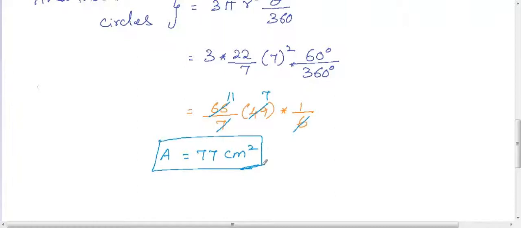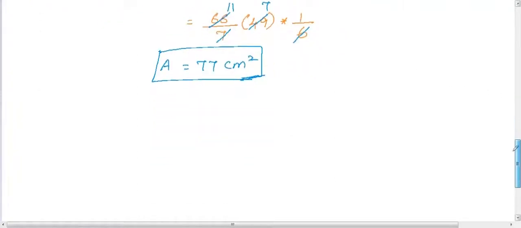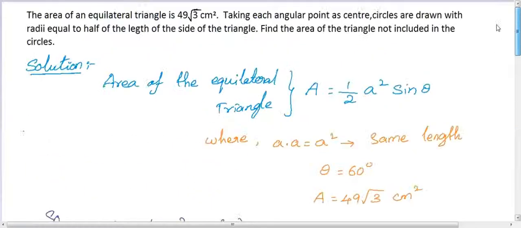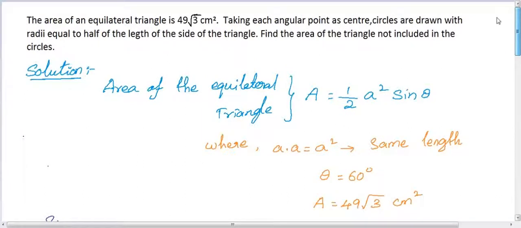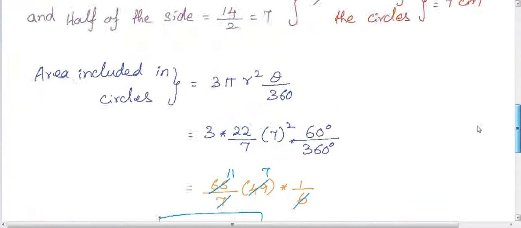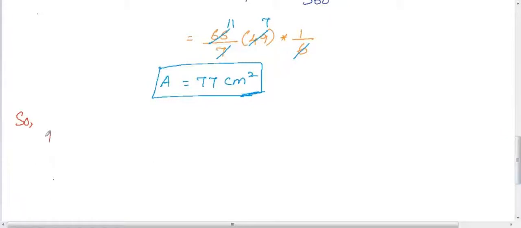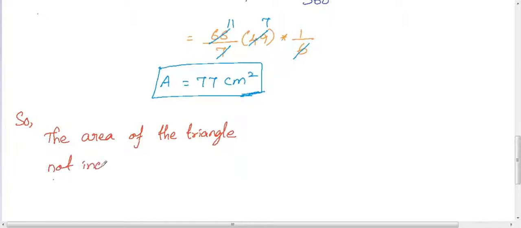Now finally find the area of the triangle not included in the circles. For that we need to subtract the area of the circles from the total area of the triangle.